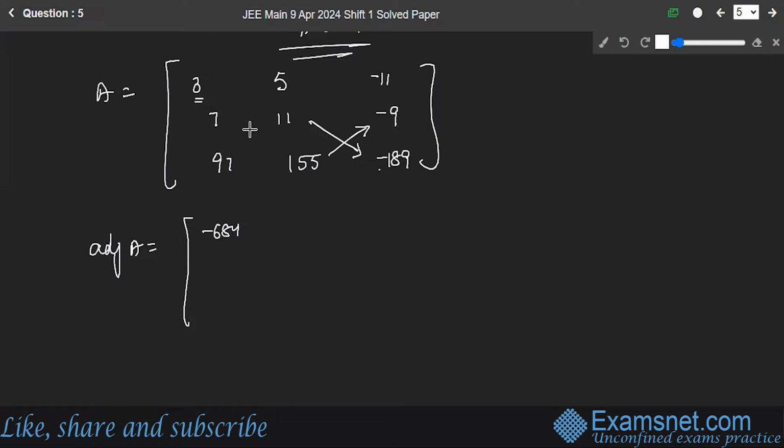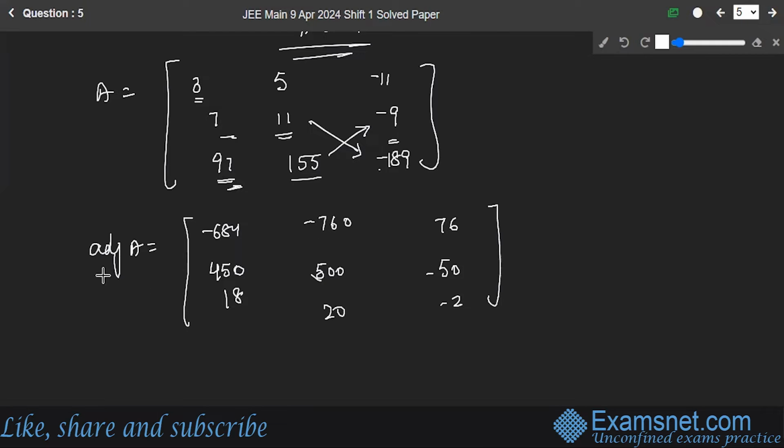Similarly, for the second one, this will be 7 into minus 189 plus 9 into 97, and this will give you the result as 450. Now the third one, third row, first column, it will be given by 7 into 155 minus 97 into 11, which will give you the answer as 18. Further solving, you know the formula for finding out the adjoint.